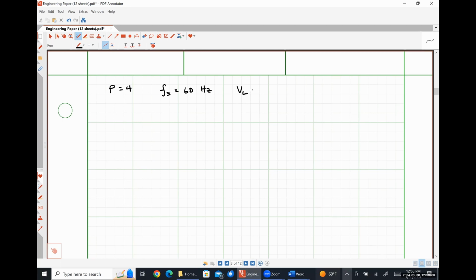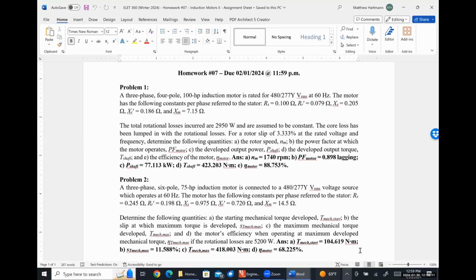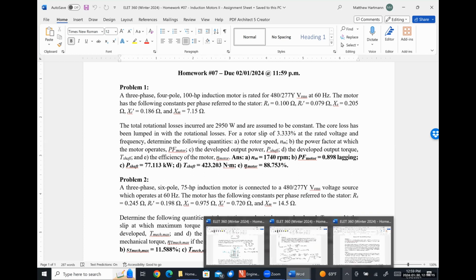Our line voltage, which would be our delta connected voltage, is 480 volts RMS. Our rated power is 100 horsepower.